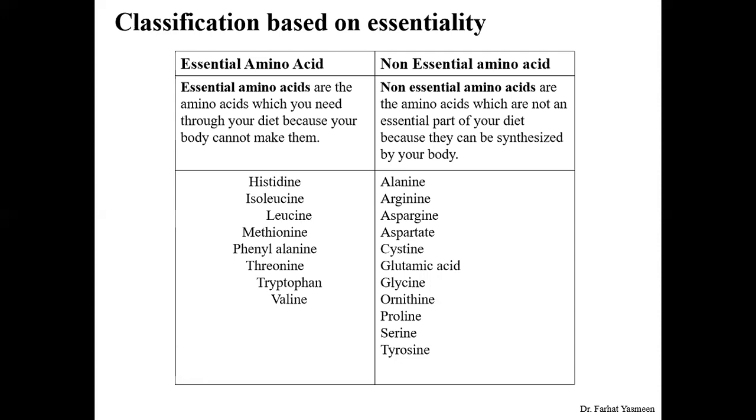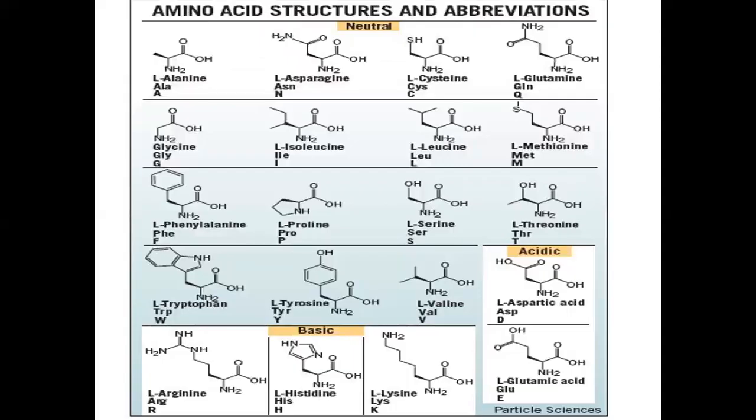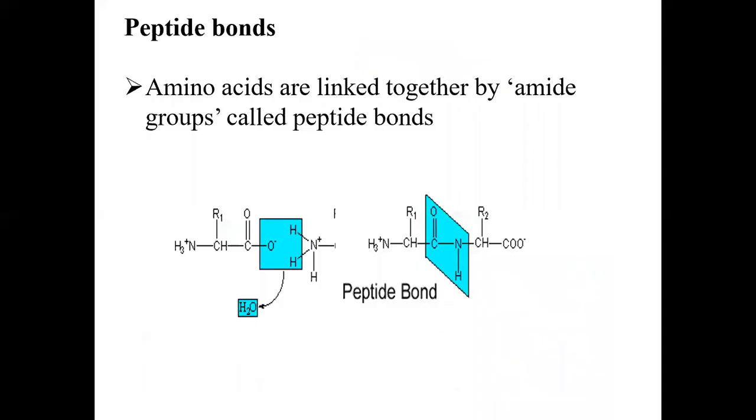Non-essential amino acids are those which are not an essential part of your diet, because your body has the ability to synthesize them on its own. Alanine, arginine, etc. are its examples. These are the structures of the 20 different amino acids.